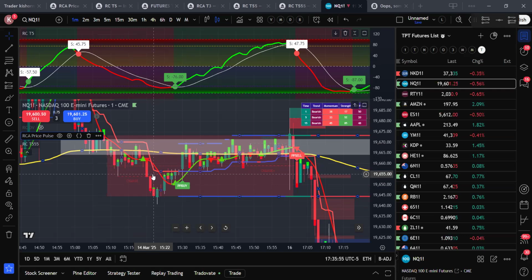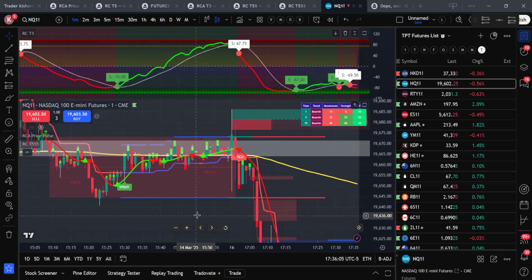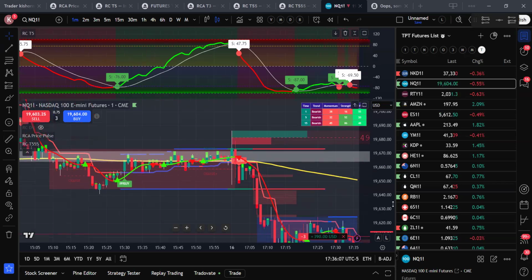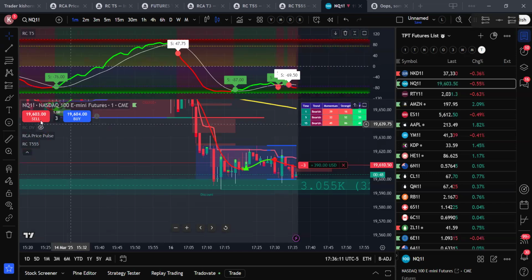They'll just do a whipsaw, and then they will quickly take it all the way to the top. So that is the advantage of T555. Because it does calculations at a minute level, seconds level, so now it made nearly $450.